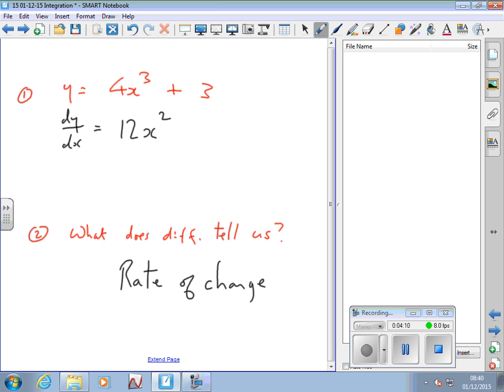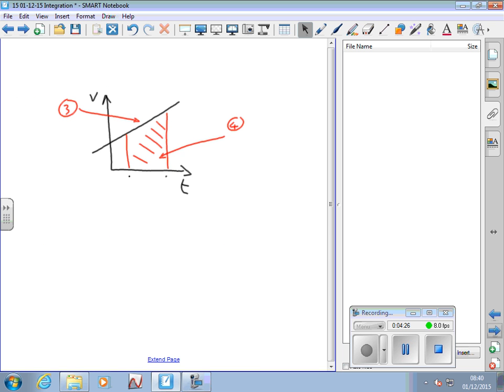The gradient. So if I differentiate a function, and that's the whole point of differentiating it, it tells us the rate of change of that original function, or the gradient of the line. And if we look at the graph, the gradient of that line I can find by differentiating the function. If I knew what that function was that related the velocity to the time, I could find the gradient of it by differentiating it.